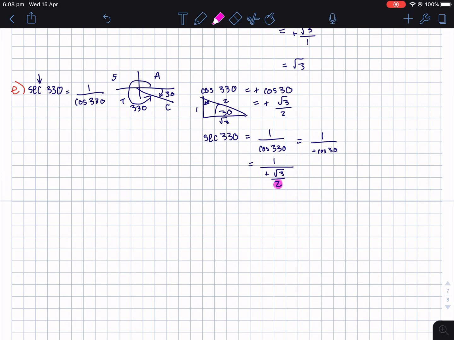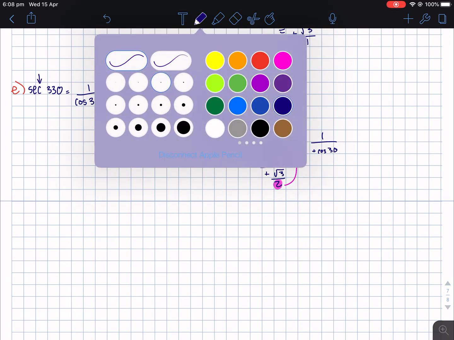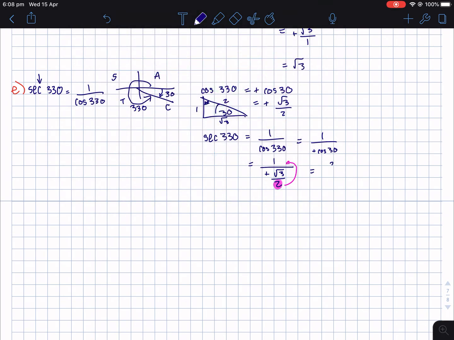Remember, bottom one goes on top. 1 times 2 is 2, so we get 2 on root 3. And if we wanted to rationalise that, that would be 2 root 3 on 3. But, you know, we don't need to.